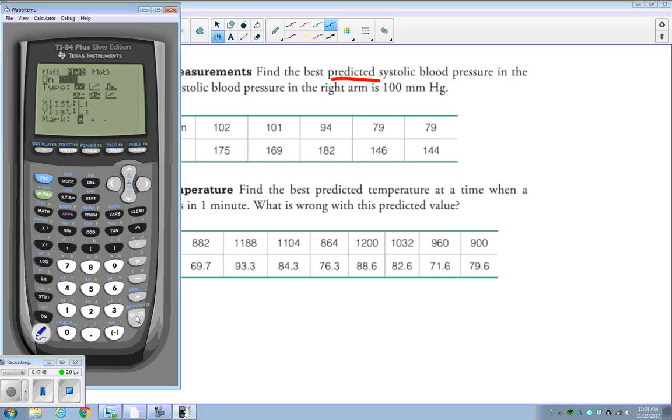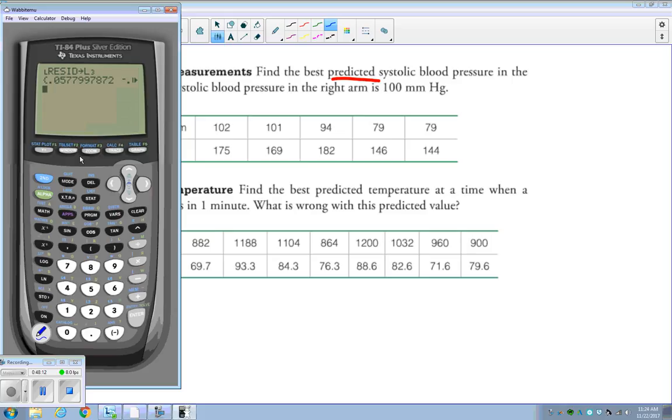The other way that I can tell which ones are on and off is by looking across the top where it says plot 1, plot 2, plot 3. Whatever one is, well, no, it's not. It's on the other screen, sorry. So I'm going to do second quit, and then I can show you.